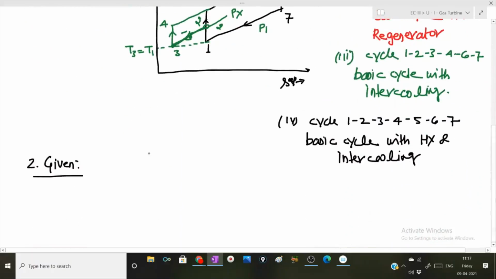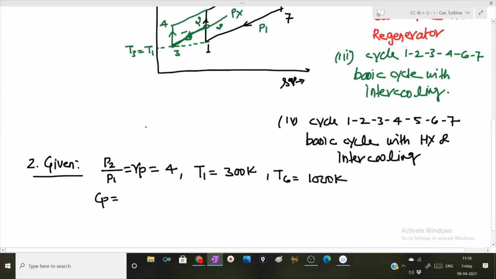So the overall pressure ratio, that is P2 by P1, is given as 4. Minimum temperature T1 is given as 300 Kelvin. Maximum temperature T6 is 1000 Kelvin. Cp value is given as 0.24 kilojoule per kg Kelvin.